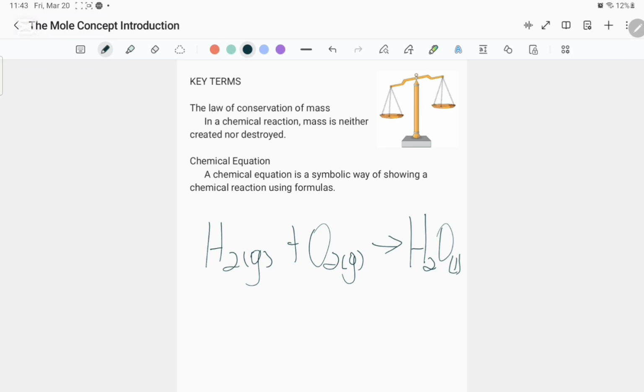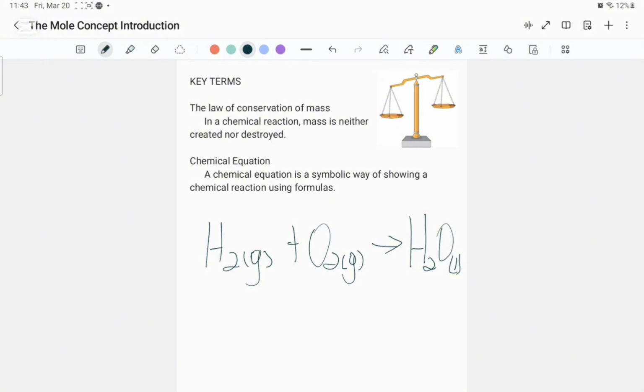The first thing we should do is to count the amount of atoms on each side of the equation. We know on our left hand side are the reactants, and on our right hand side are the products.